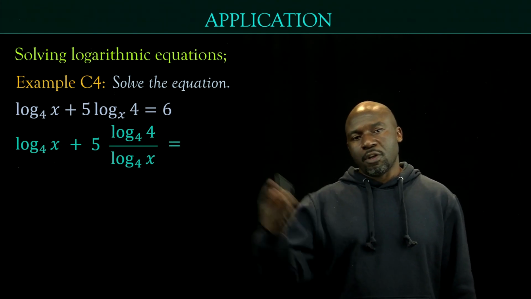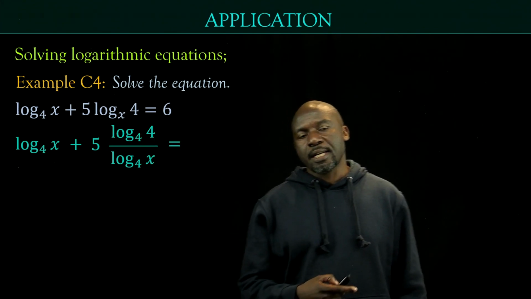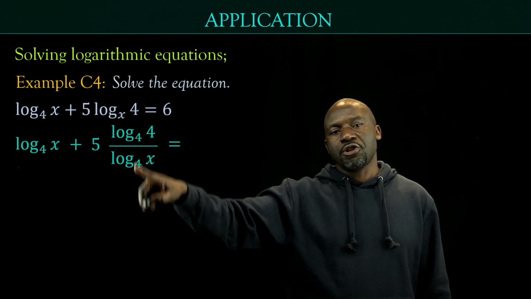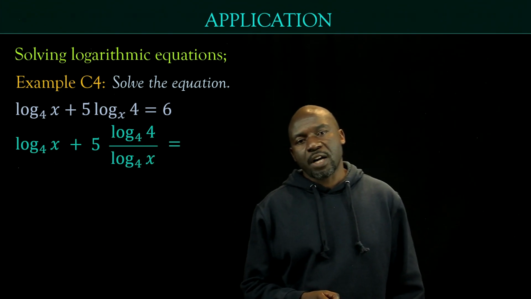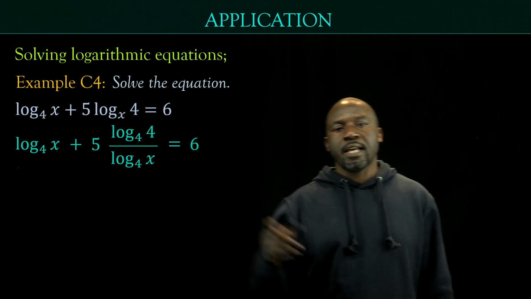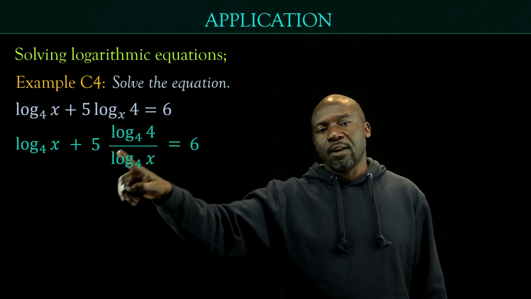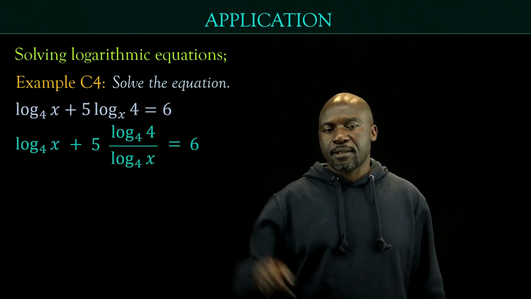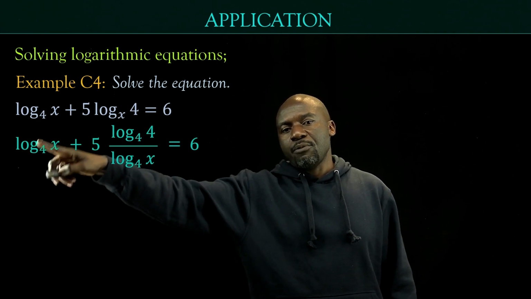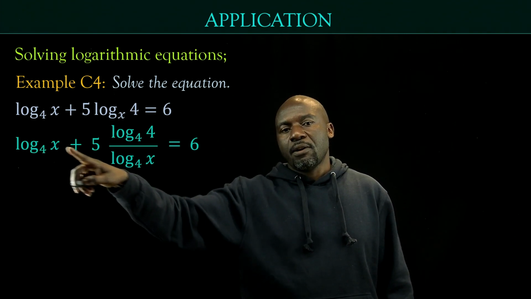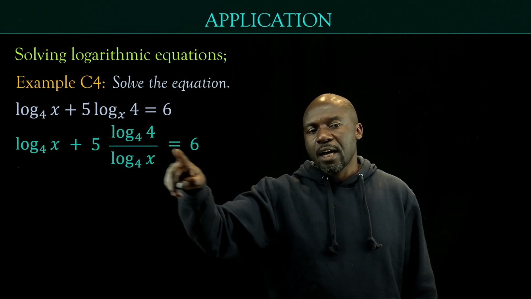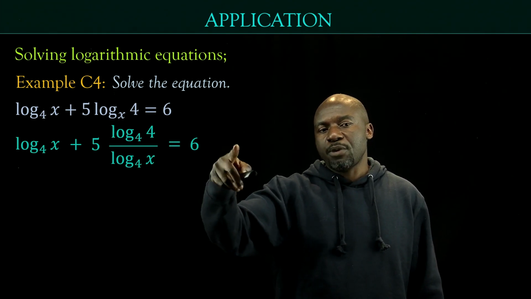Now what I need to do: log to base 4 of 4 is 1. And so what I want to do is just multiply through, because I have a fraction here. I want to get rid of the fractional term. So I'm going to multiply each term by log to base 4 of x. If I do that, this is going to be log to base 4 of x squared, because I'm multiplying it by itself. All right, and here if I multiply by log to base 4 of x, it's going to cancel, and log to base 4 of x is going to appear on the right.